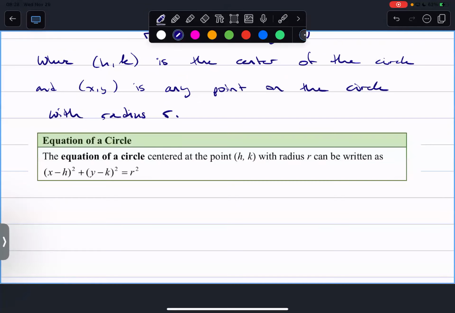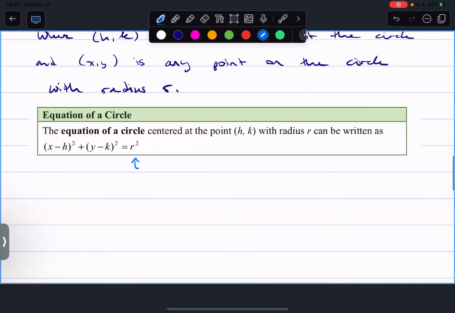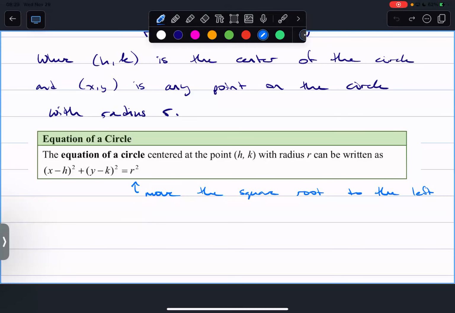I'll make a note here: move the square root to the left-hand side in the above equation. I want to say onto r because that's how my brain works.